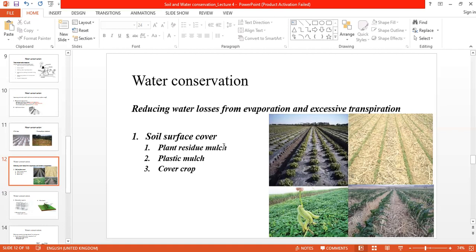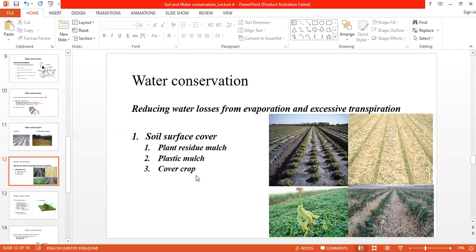So if we have a cover on top of the soil, the heat coming from the sun will be blocked from entering the soil, and evaporation will not be high.